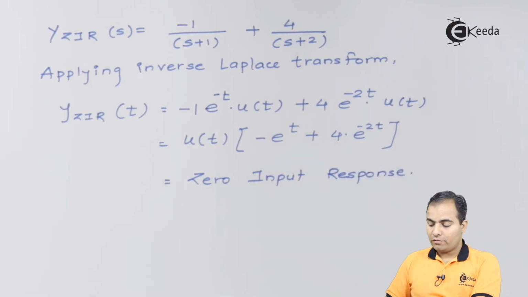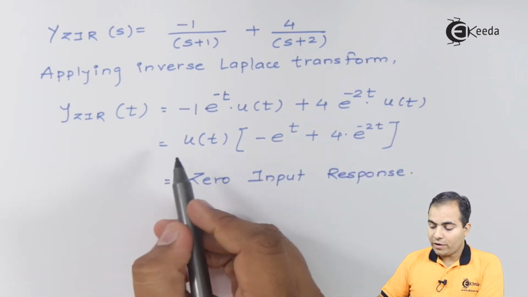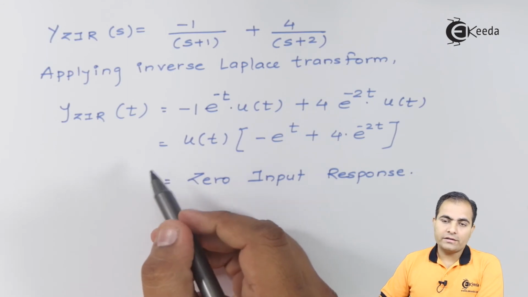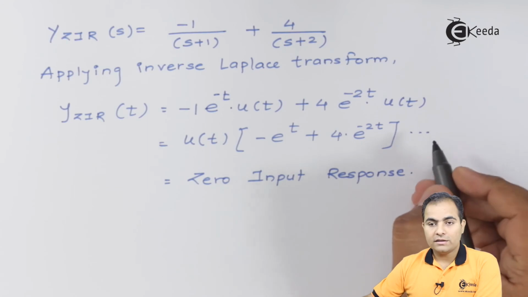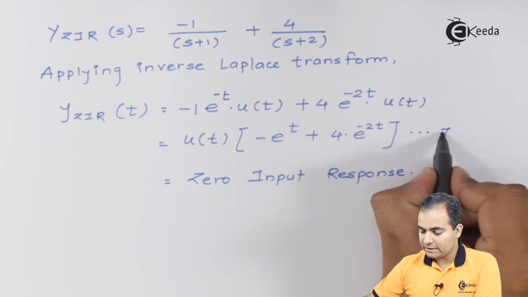Now what we are going to do? We are going to add ZIR of t value and ZSR of t value in equation number 1. So let's say this is nothing but my equation number 7.